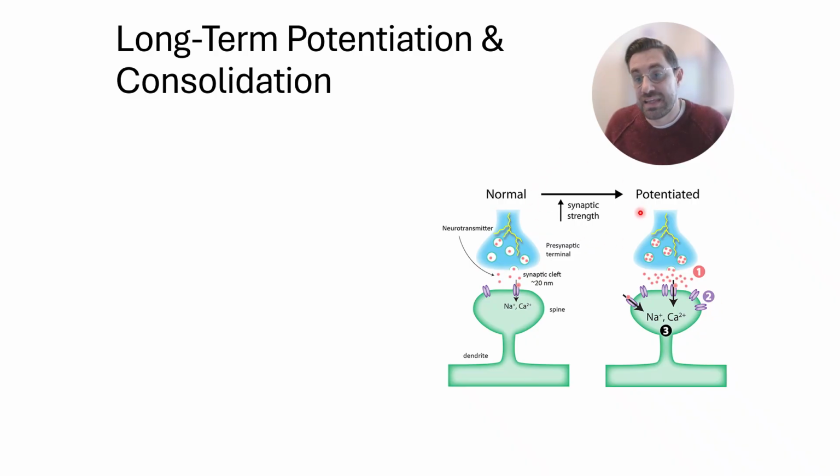And so the same activation leads to more synaptic activity or stronger synaptic strength. Essentially, neurons that fire together wire together, right? So because this was activated, it's potentiated, right? We get some feedback here. We build more receptors. We create more neurotransmitters on the presynaptic side.